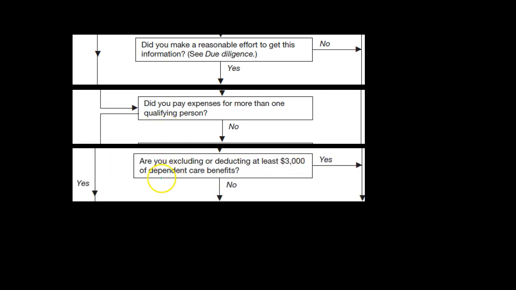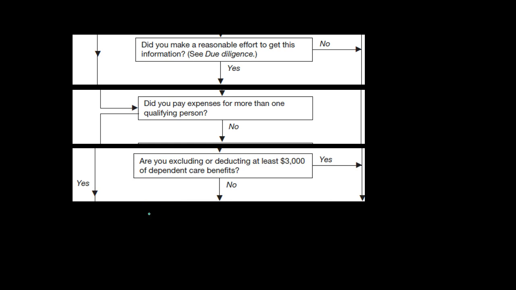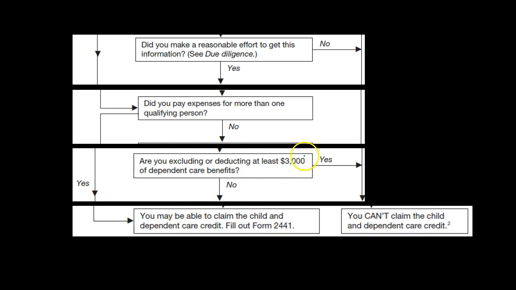Did you pay expenses for more than one qualifying person? If we're going to say no, we're going to move forward. Yes, we're going to move down this way. So if no, are you excluding or deducting at least $3,000 of dependent care benefits? If that's yes, you can't claim the child and dependent care credit.